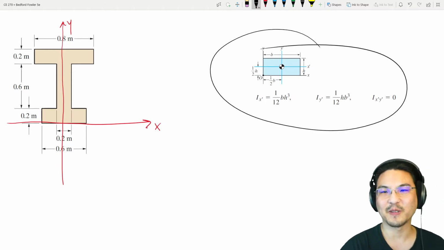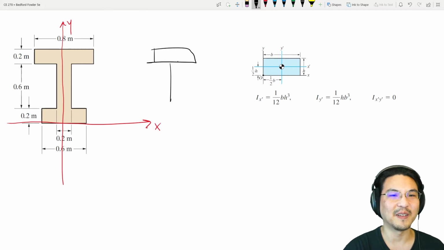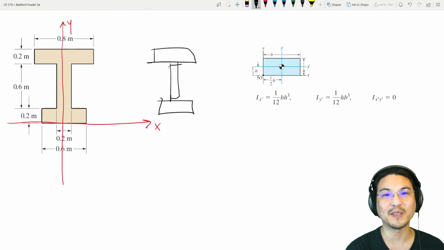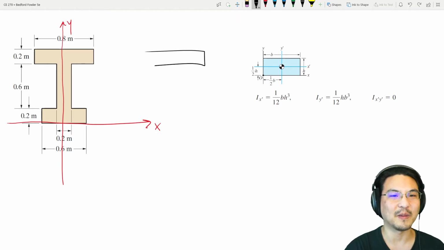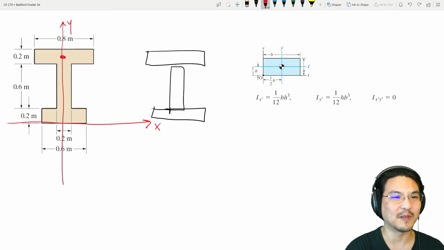Okay, so I just grabbed this straight out of the appendix. So it looks to me like we can treat this like a rectangle here, another rectangle here, and a third rectangle here. So it's a composite of 3 rectangles. So for this rectangle here, its centroid is over here.